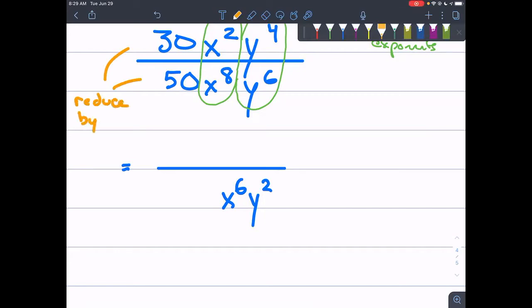What would we reduce that by? Yeah, anything that has a 0 on the end, you can reduce by 10. So 30 reduced by 10 is 3. 50 reduced by 10 is 5. And sometimes you might get these new numbers, and you'll notice that they can reduce also.